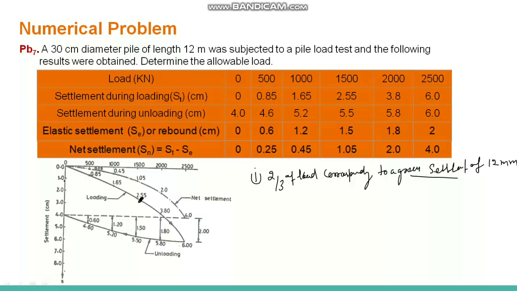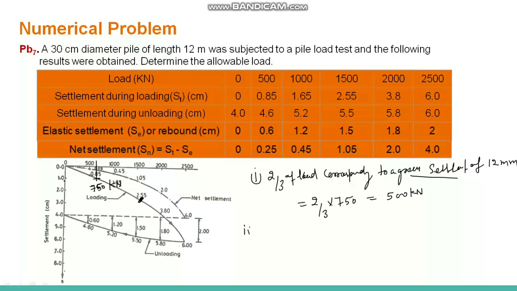You will see it will come somewhere here. So it is coming 750. You can draw this graph on graph paper and you can see the exact value. So 750 kilonewton. That will be 2 by 3 into 750. What will come? It will come 500 kilonewton.